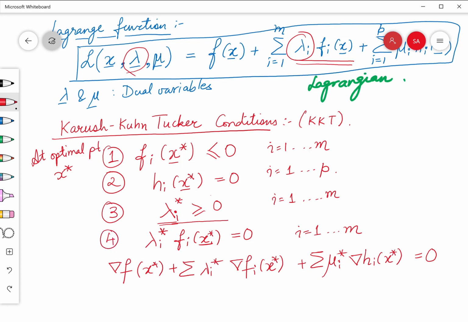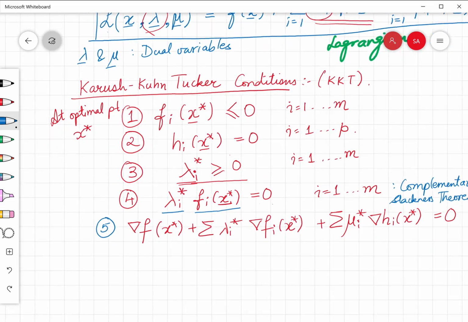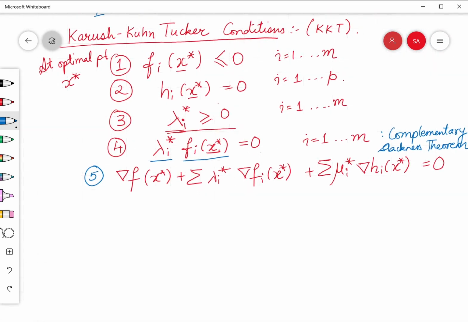The fourth is also called the complementary slackness theorem, which says the product of lambda star times fi of x star should be equal to 0. And the fifth says the gradient of the Lagrangian with respect to x should be equal to 0.